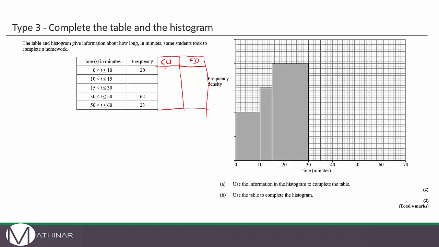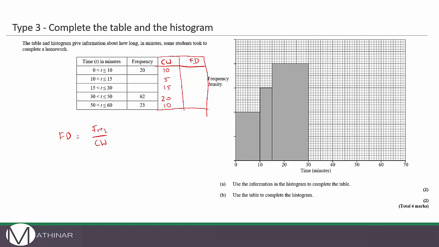So at the moment, we know that the time intervals are here. So we can work out the class width. So 10 take away 0 is 10. 15 take away 10, 5, 15, 20, and 10. Okay, now frequency density is equal to frequency divided by class width. So we can work out some of these frequency densities.